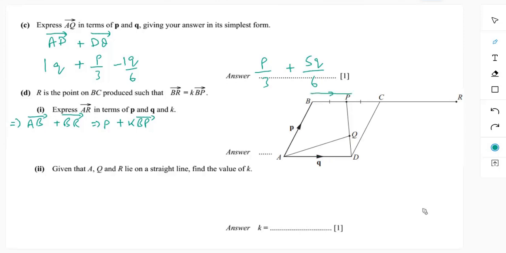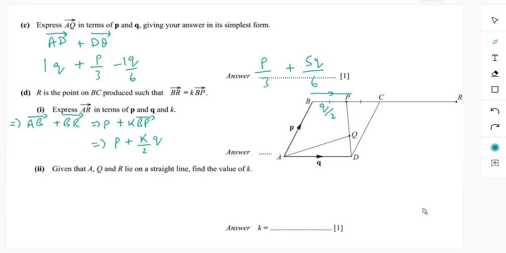So BP is Q over 2. So K into Q over 2, you get P plus K into Q over 2. That is what you get.